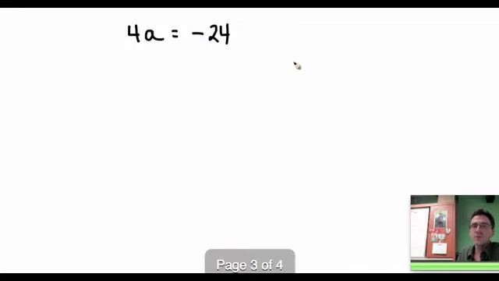We're going to move on to doing the same idea, but this time we will use multiplication. So remember, like we learned in our last unit, when you have a number in front of a variable, a coefficient, that means that those two numbers are being multiplied. So the same idea, we want to get the variable all by itself. So to do that, we have to use the inverse operation.